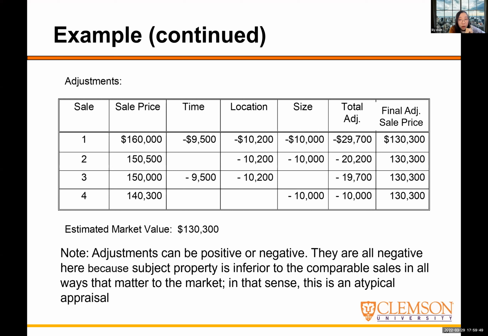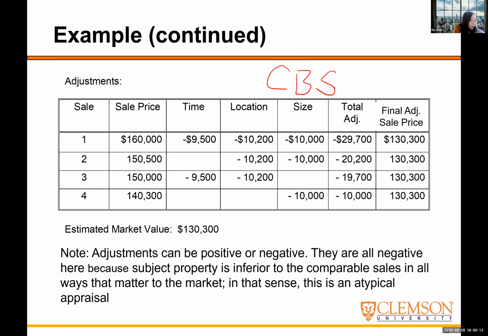Remember, if your comparable is better, you have to subtract the value of the premium feature from its sales price. We say CBS: if comparable is better, subtract.